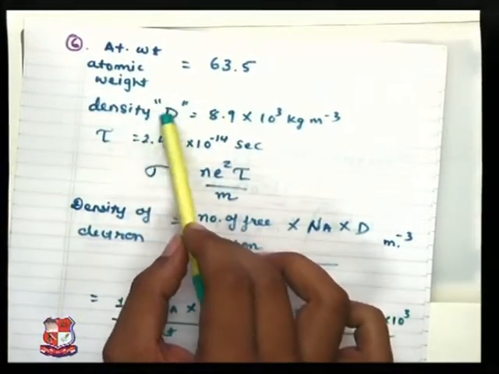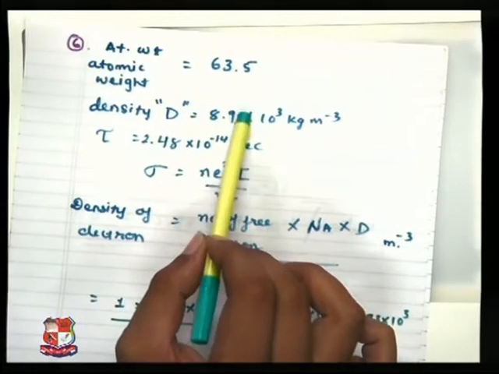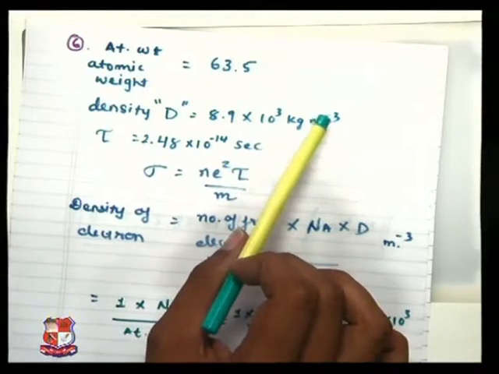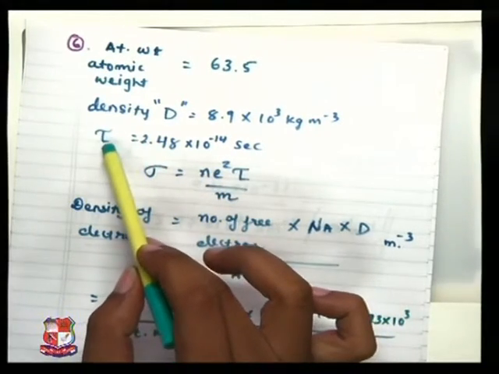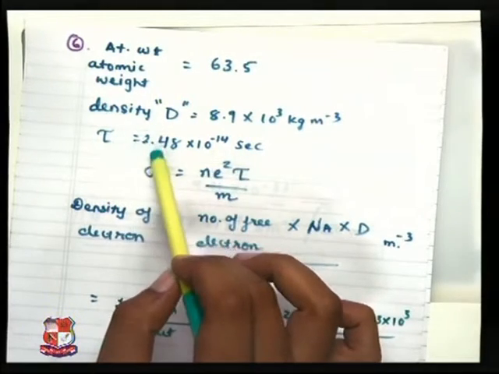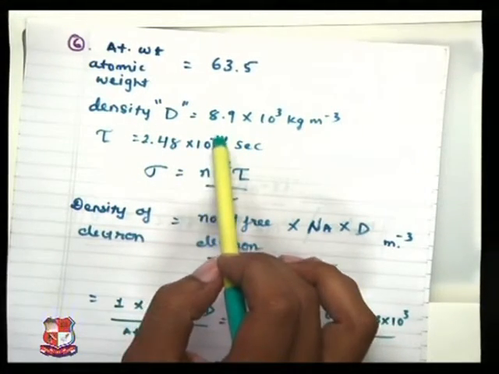In the same manner, density D is represented by the value 8.9 into 10 raised to 3 kg meter inverse cube, and tau represents the relaxation time, which is equal to 2.48 into 10 raised to minus 14 second.